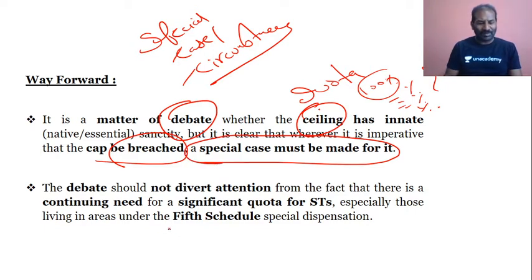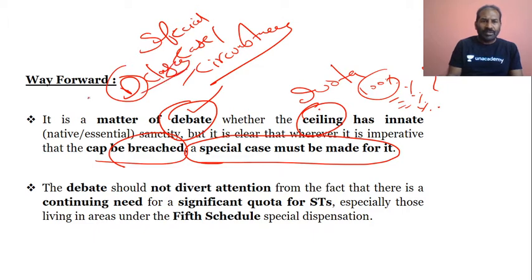Pratham, I think you are getting the point now. What it says is a few suggestions. Whatever could be the decision, there has to be a debate. And in that debate, to have a better outcome for the deprived classes, even though there is a quota or cap, it can be breached.